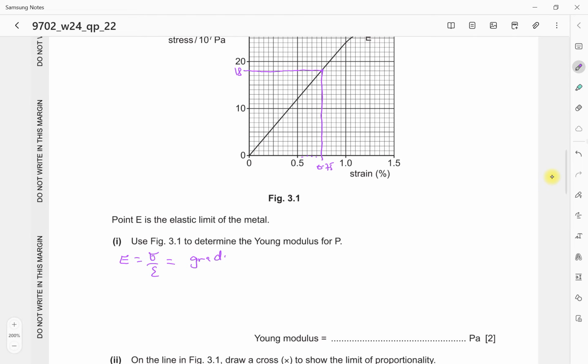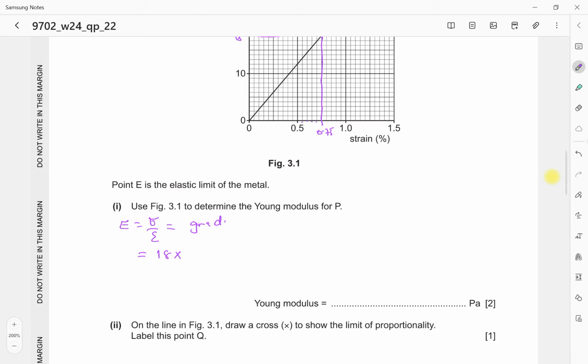So the Young modulus is going to be the stress over the strain, or the gradient. So that will be 18 times 10 to the power of 7 divided by 0.75 on the x-axis. It is percent. So this one is going to be 0.75 divided by 100, which is 0.0075.